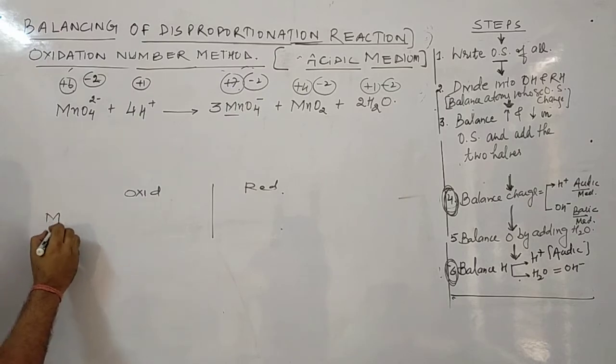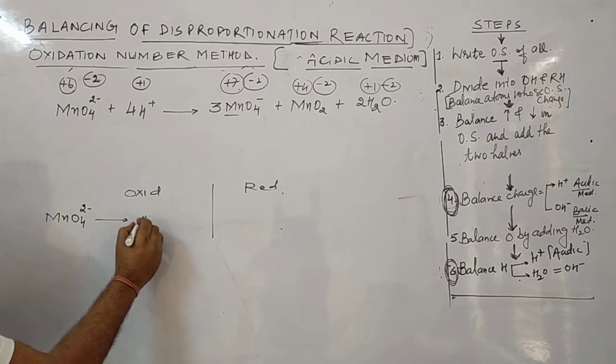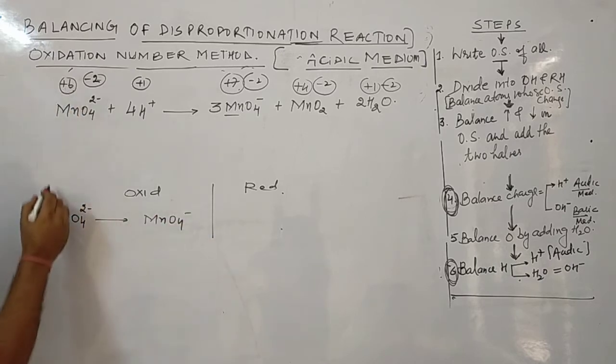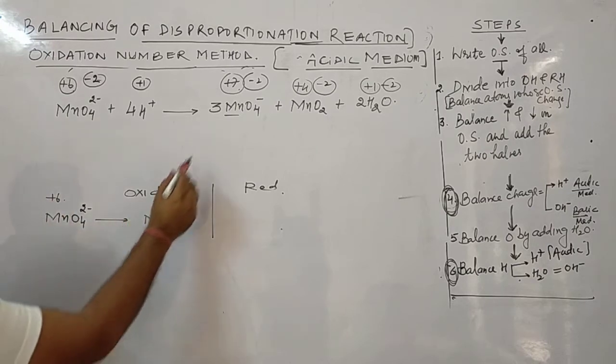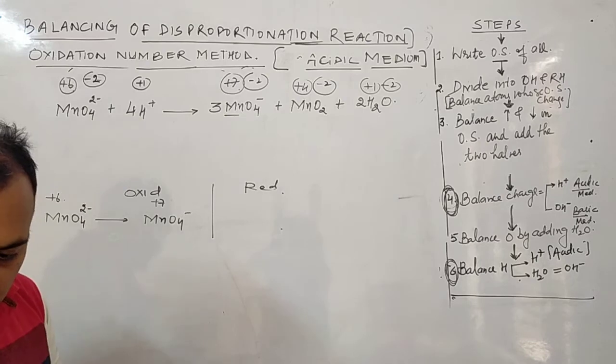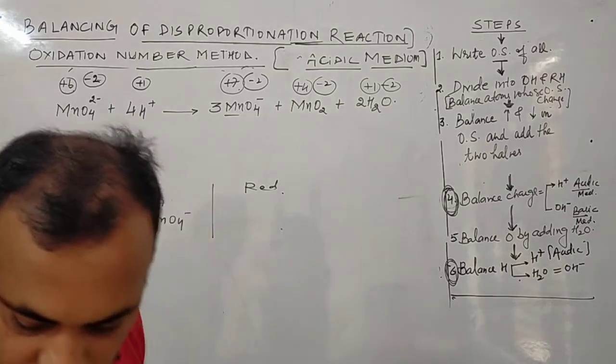So I will write MnO4 2 negative से बेटा MnO4 negative. In MnO4 2 negative the state of Mn is plus 6. Here the state of Mn is plus 7. Oxidation. Now what is reduction? Reduction is decrease in oxidation state.